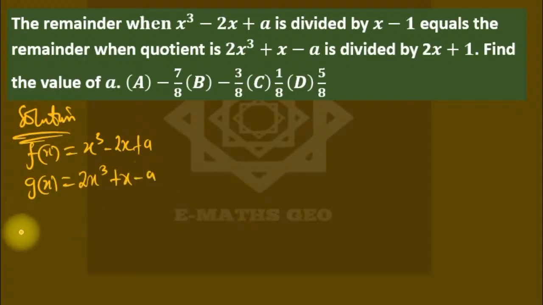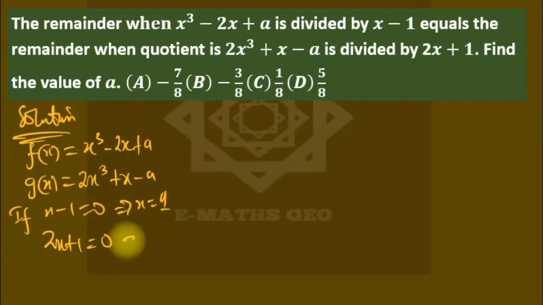From the remainder theorem, the remainder is the same as substituting, because this is the divisor. If x minus 1 equals 0, that implies x is 1, and if 2x plus 1 equals 0, that implies x is equal to minus half. So we now substitute these two values. If I want the remainder when f is divided by x minus 1, I substitute x as 1. The value is the remainder.